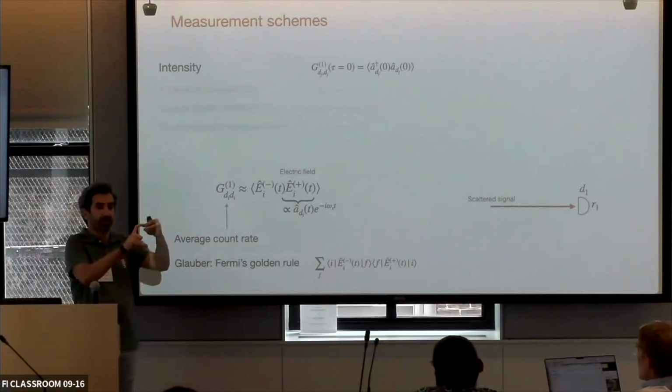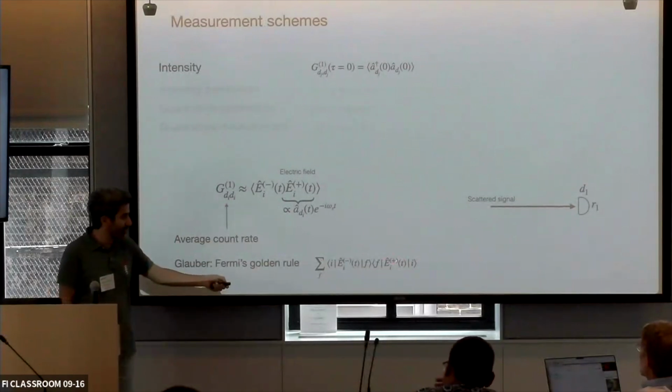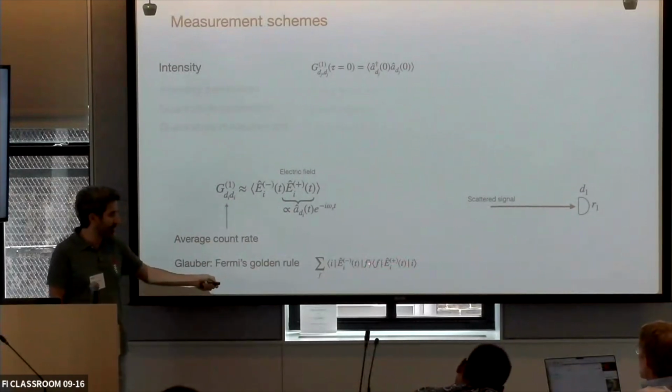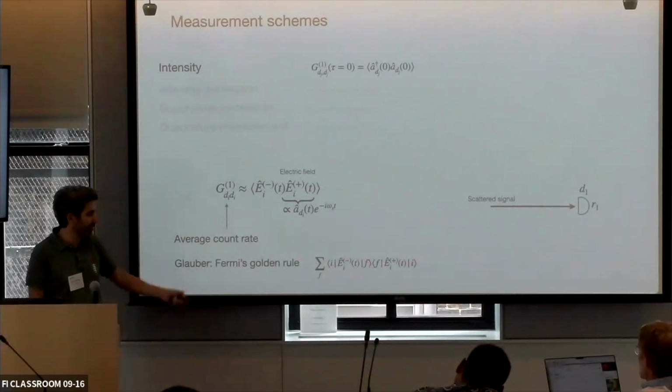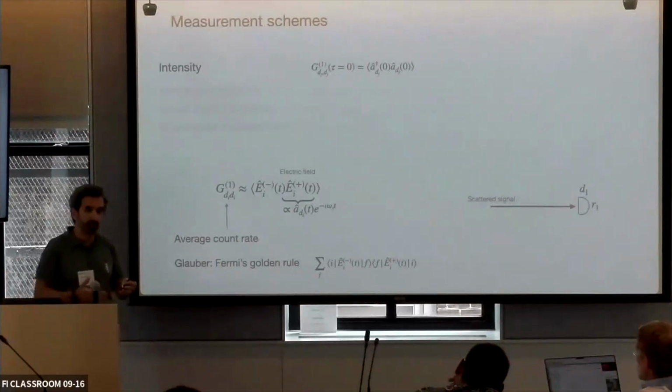It generates, and I can measure it electrically. So I can absorb a photon, go to some excited state, and then from the excited state go back. This is second-order perturbation theory or Fermi's golden rule.